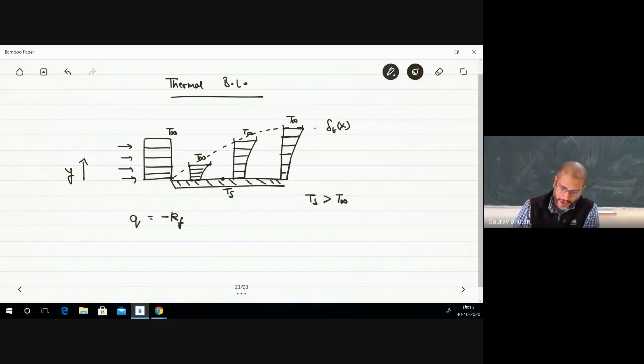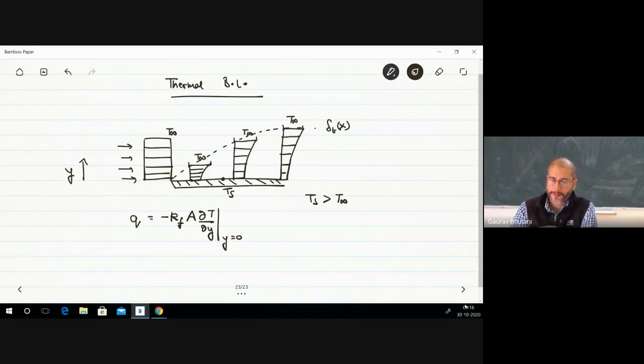So we have minus k fluid times the area, some area through which this is happening, and then we have del T by del y at y equal to 0. This is the rate of heat flow from some area. In this case, we can assume the area is small because otherwise your del T by del y will change if you take a longer area.